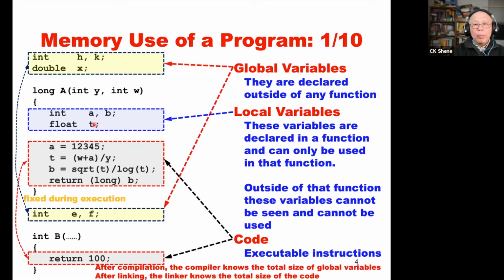If you remember the concept of C carefully, you know these local variables can only be used in the function in which they are declared.